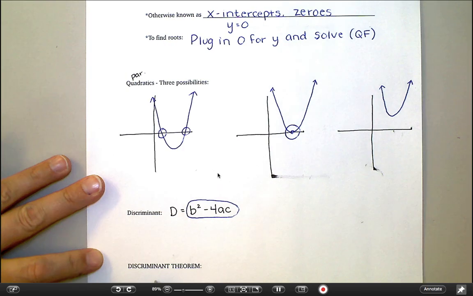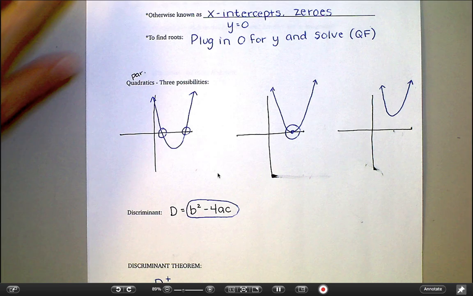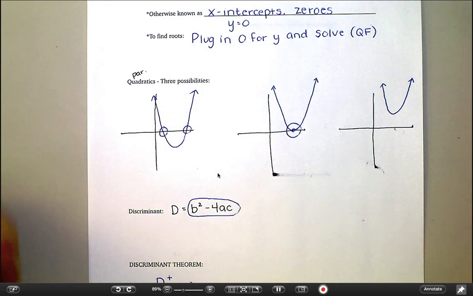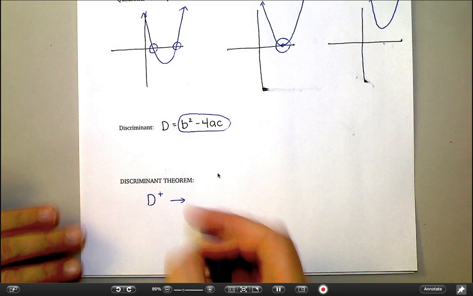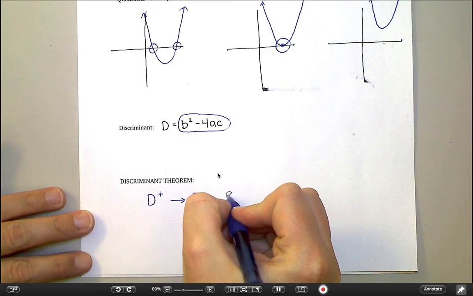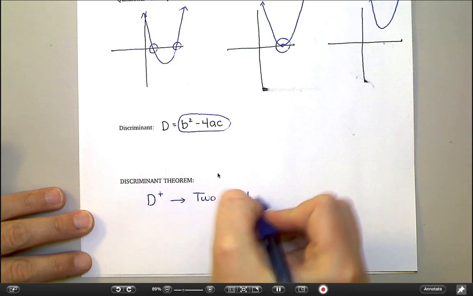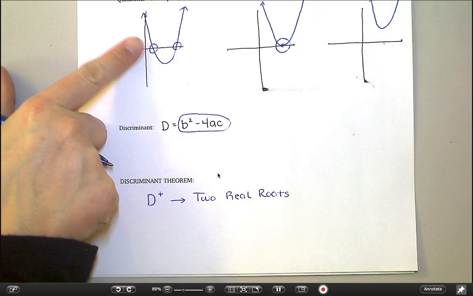So if that value is positive, if you end up with a nice positive number underneath the square root when you're using the quadratic formula, oh, I'm sorry, you can't see this. If the discriminant is positive, you're going to end up with 2 real roots. So that's this first picture from up here.